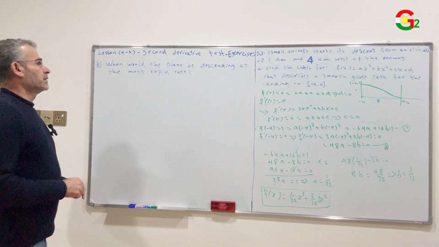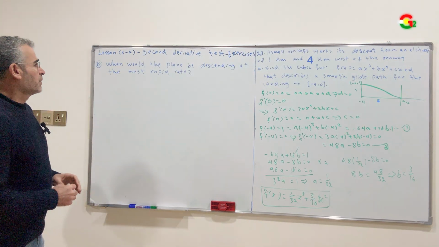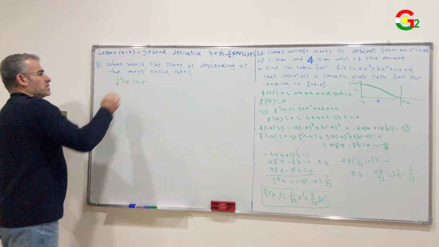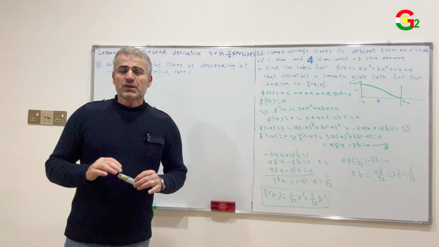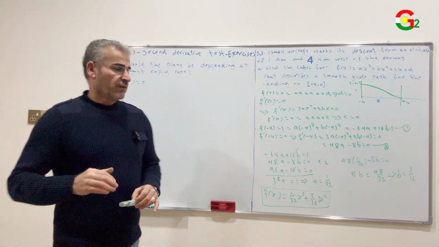When would the plane be descending at the most rapid rate? The most rapid rate happens when f double prime of x equals 0, because the graph of the function changes from convex to concave.